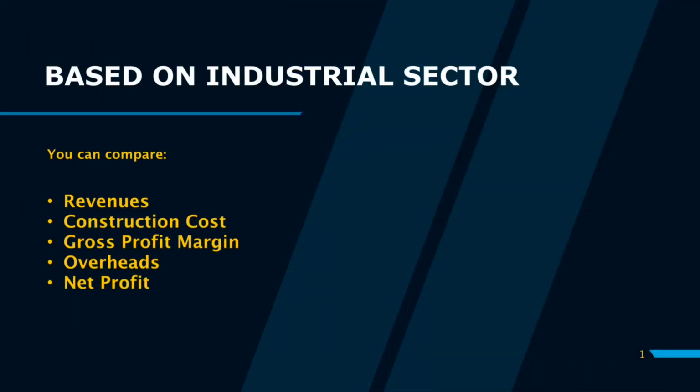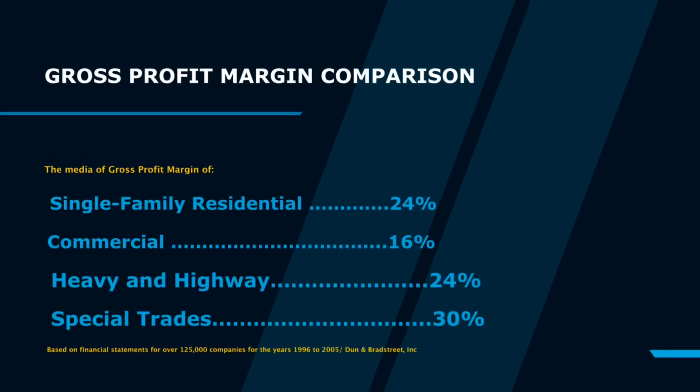Besides the comparison of your business numbers between periods, your business numbers can be compared with the median of the industrial sector. You can compare revenues, construction costs, gross profit margin, overheads, and net profit. Based on the industrial sector, the median gross profit margin of single-family residential is 24%, commercial 16%, heavy and highway 24%, special trade 30%.